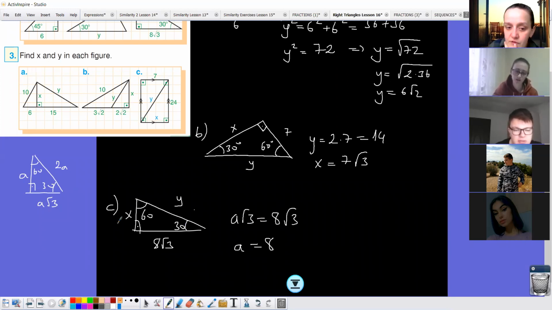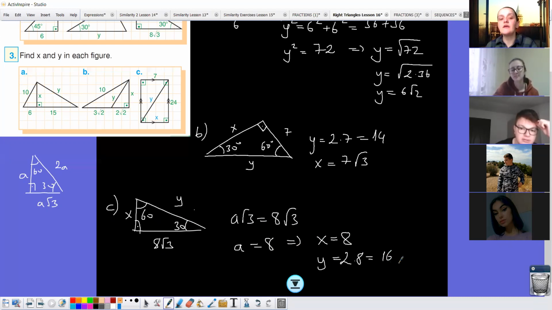A is opposite of 30, so it means that x is equal to 8. Yes, am I right? Yes. So what will be y? 2 times 8, which is 16. Okay. So we understood this one?